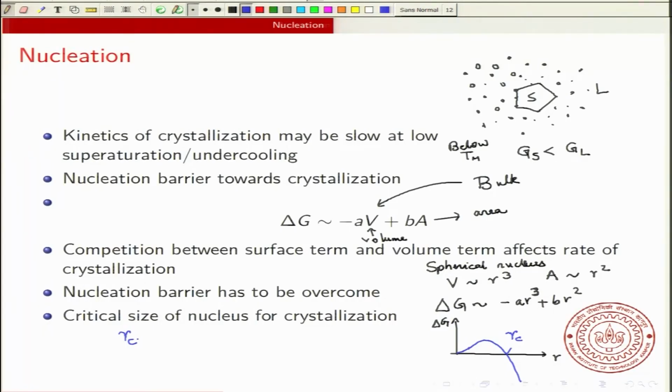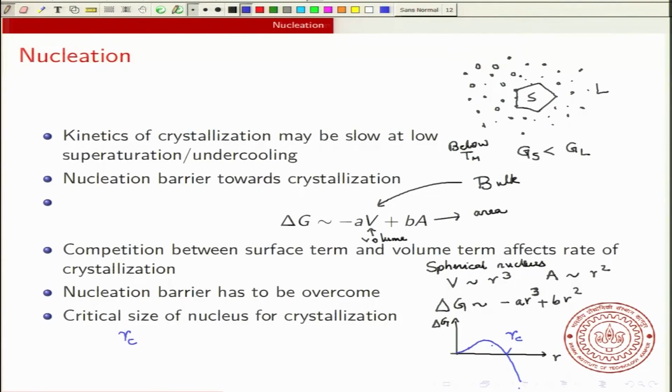So this is an example where the area or surface term does not favor crystallization, whereas the volume term favors crystallization, and the net effect is to have a nucleation barrier. So we say that the delta G has to overcome this barrier for crystallization. In other words, you have to keep growing all these very small crystals which actually increase the free energy, until you grow a crystal that is large enough.